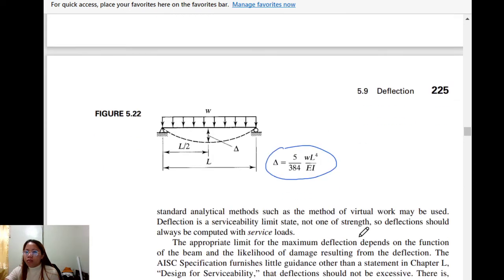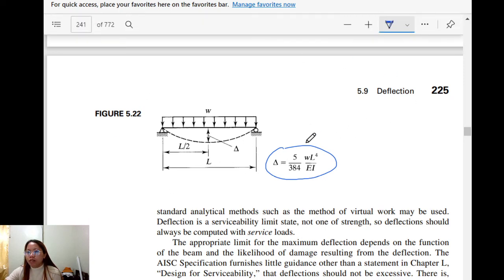So remember, we have to check the strength. That is, we solved for the design shear strength and the allowable shear strength, and then we compare through the effect of the loads. It should not exceed those design limits. And we have to check also the serviceability, that is the deflection of the beam, no?